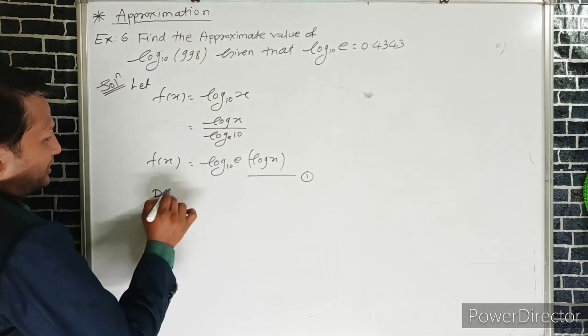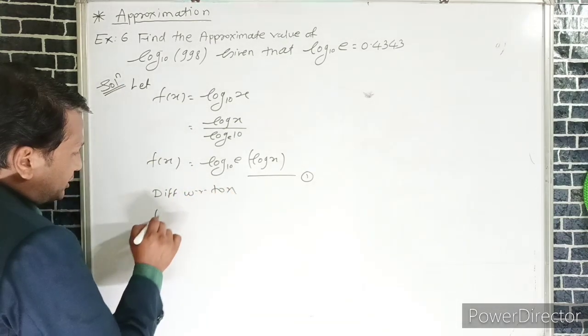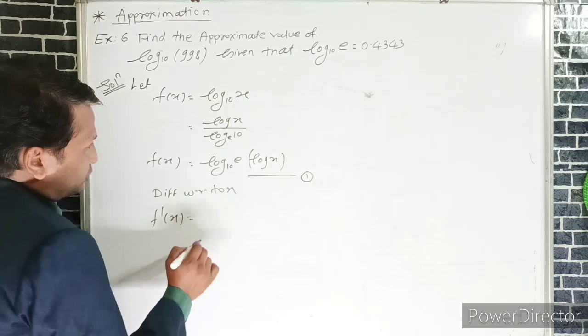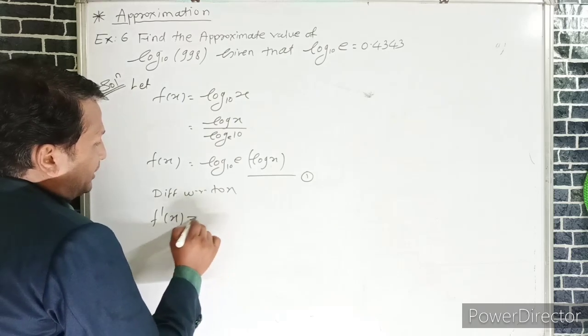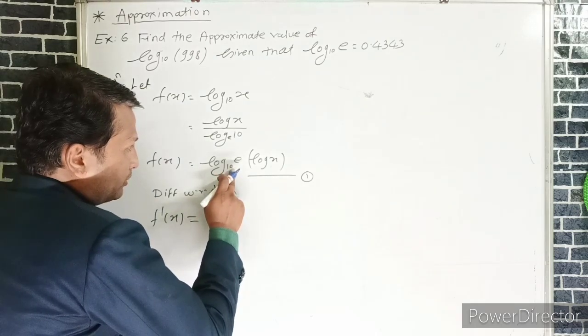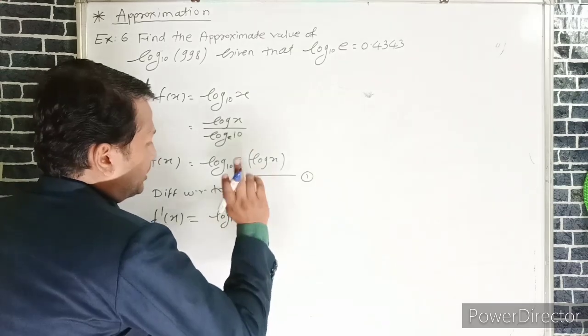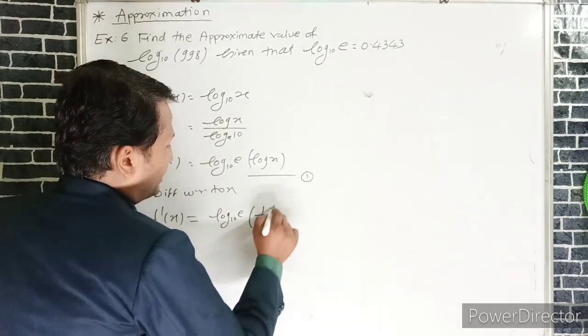If we differentiate with respect to x, f dash of x is equal to log base 10 of e, which is constant, into the derivative of log of x, which is 1 by x, number 2.